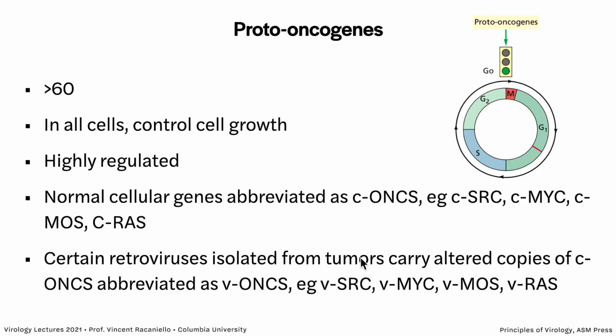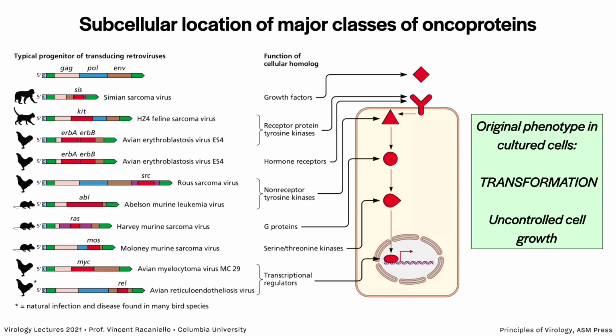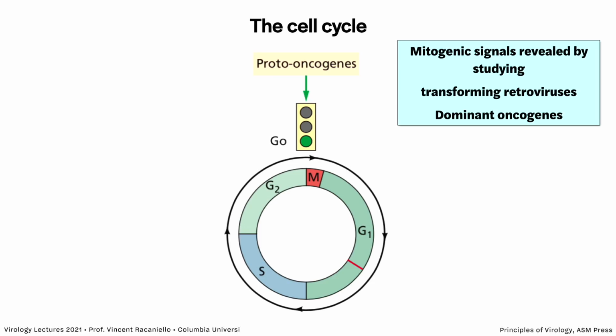So SARC can be the same. But in other cases, the V-MYC has a few mutations that distinguish it from C-MYC and maybe make it more active in driving cell division. So those genes are all involved in this pathway, which is regulation of cell growth via control of the cell cycle, via control of entry into mitosis specifically.